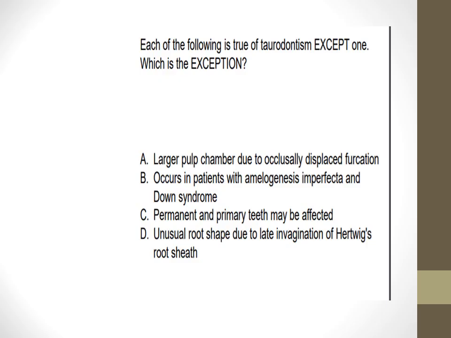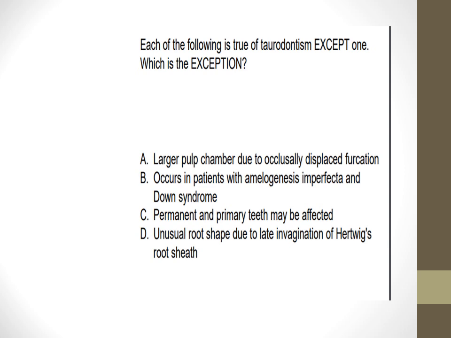In INBDE sample questions, this was one of the questions. Let's try to answer it. Each of the following is true of taurodontism except one. Which one is the exception? A, large pulp chamber due to occlusally displaced furcation. B, occurs in patients with amelogenesis imperfecta and Down syndrome. I did mention that it is associated with these. C, primary and permanent teeth may be affected.